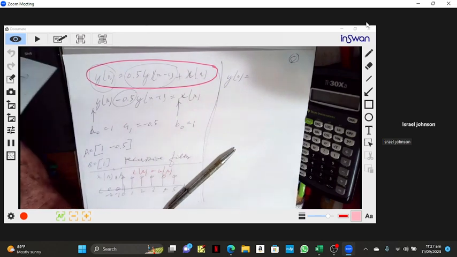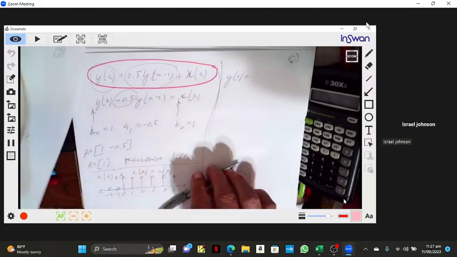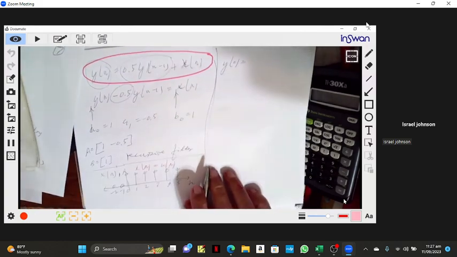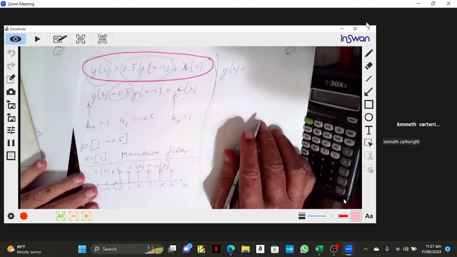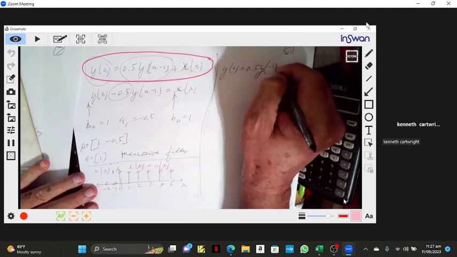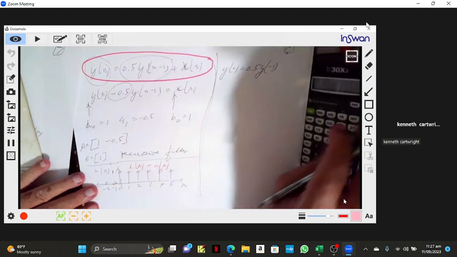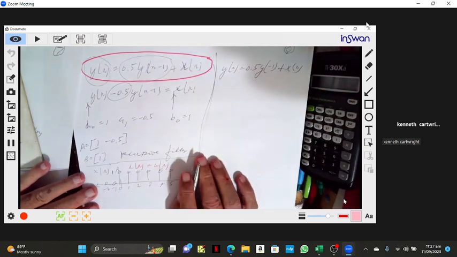That'll be 0.5 y of 0 minus 1 plus x of 0. All right, 0.5 y of negative 1 plus x of 0. Why that's not self-evident, I don't know.